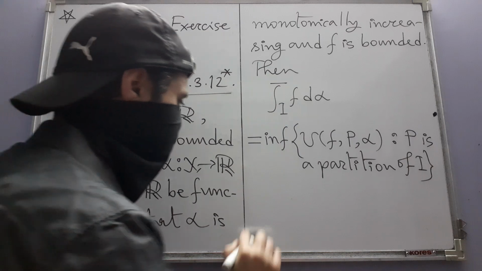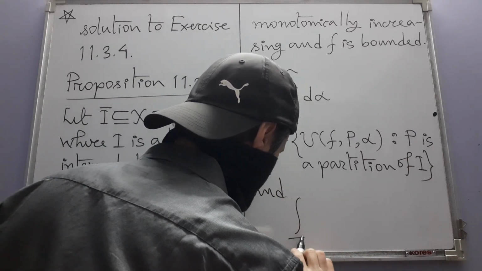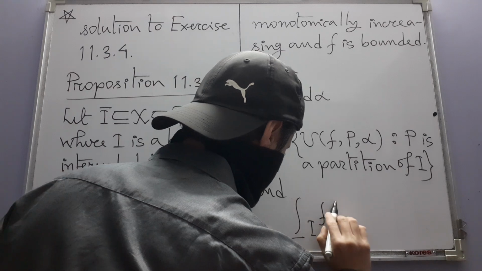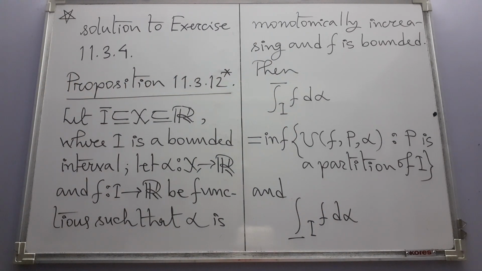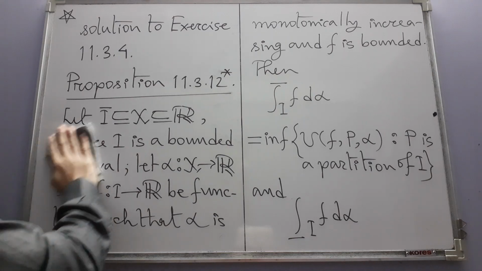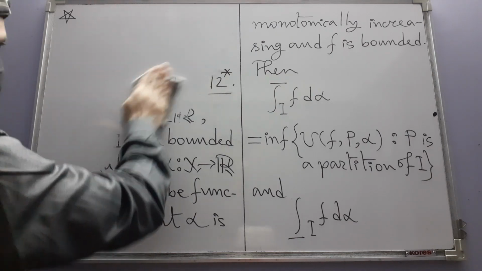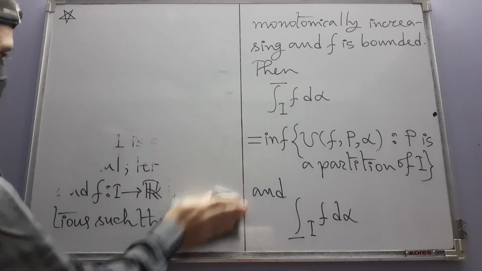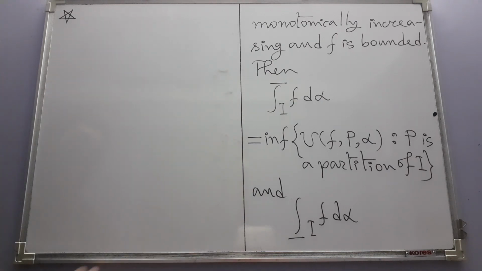That's it. And similarly, the lower Riemann-Stieltjes integral of f with respect to alpha over I is the supremum of the set of all lower Riemann-Stieltjes sums as the partitions vary.